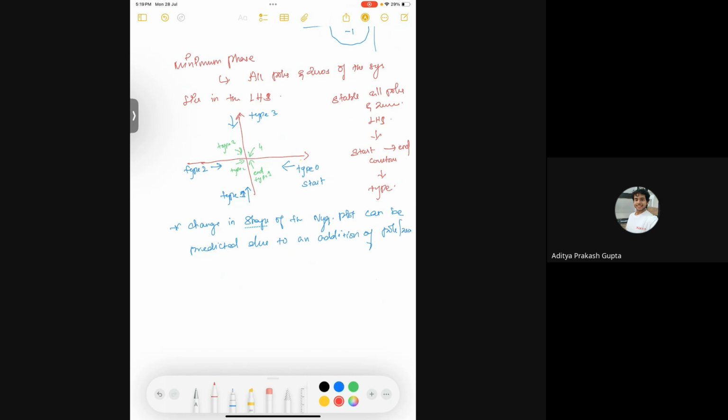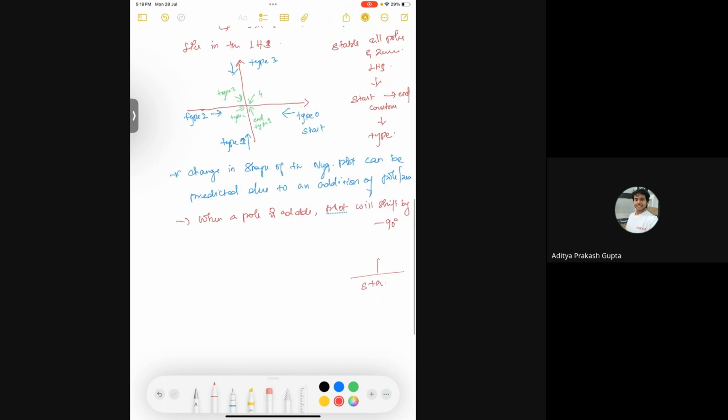So when a pole is added, the plot will shift by minus 90 degrees. So if I start with a system like this, a type 1 system.